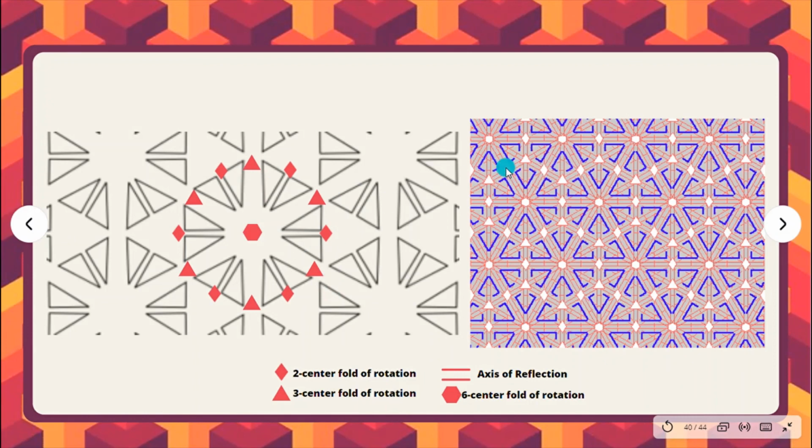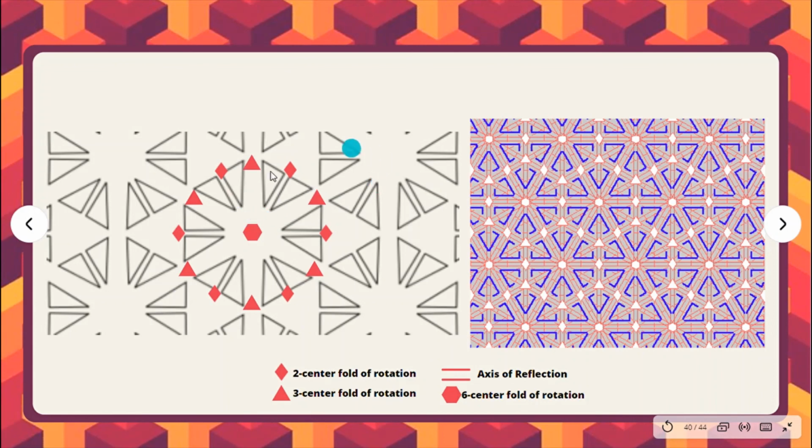And the axis of reflection here, I have not inputted it here since it would be crowded, it would be hard to depict. So let us take a look here at the basis since it has a similar pattern. We can see here that the axis of reflection goes diagonally in all ways. And also we have the horizontal axis of reflection.